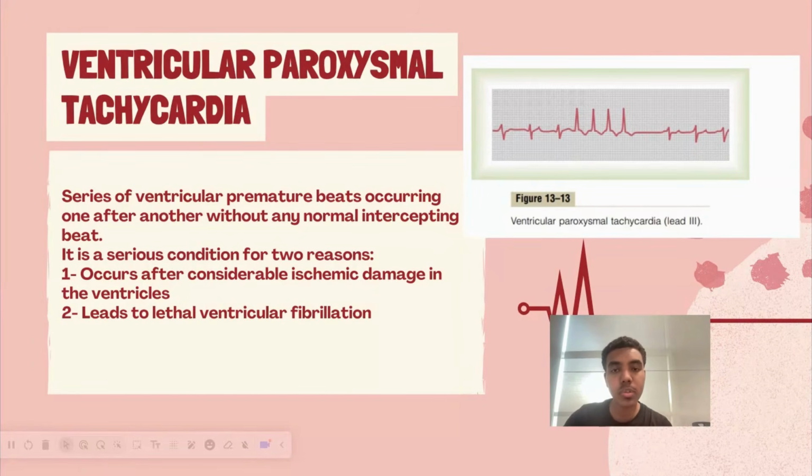Now, this usually happens when there's significant ischemic damage, meaning areas of the heart muscle have been deprived of oxygen for too long, like after a heart attack. The real danger is that ventricular tachycardia can easily deteriorate into ventricular fibrillation, a chaotic, uncoordinated rhythm where the heart can't pump blood effectively, and we're going to talk about this in a second.